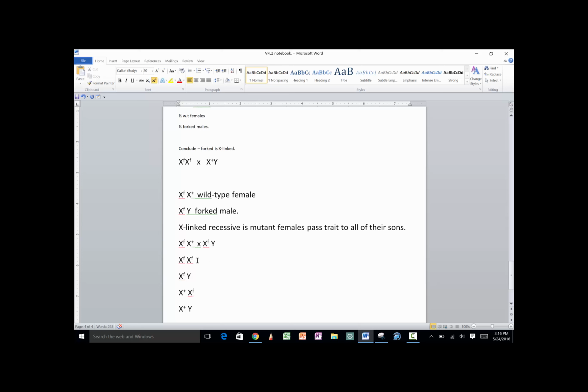This daughter is forked. I think maybe if I paste that in, it'll come in as forked. So that's a forked female. That's a forked male. That's a wild type female. Where'd the other dude go?